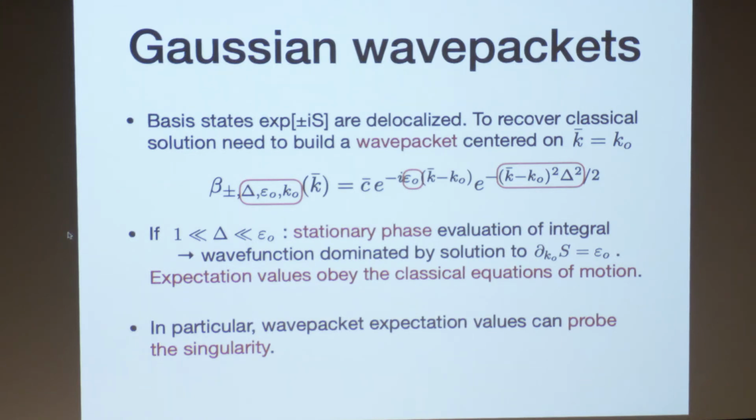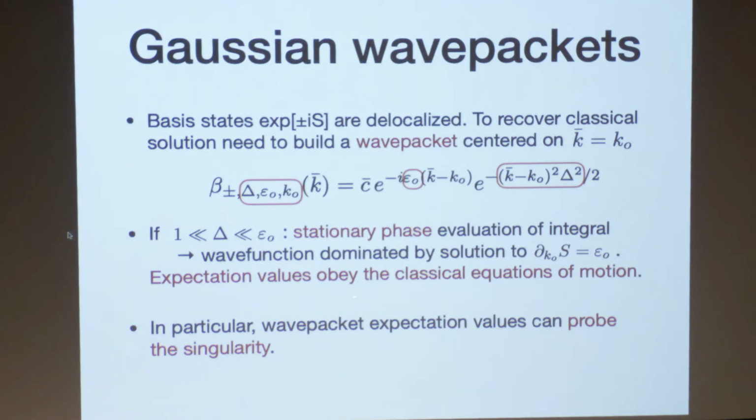I'm not telling you anything that you should not have already known from WKB. Write down a WKB wave function, build a wave packet out of it, and all expectation values are calculated by the classical equation of motion via the Hamilton-Jacobi equation, which crucially involves, now there are two constants.